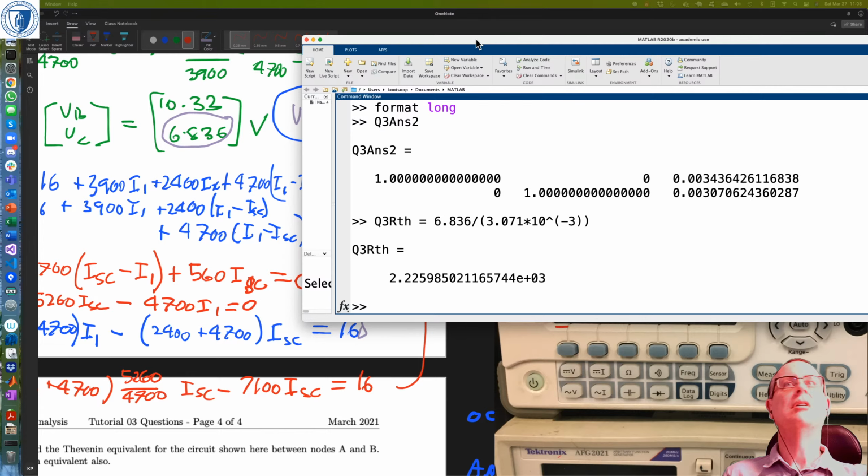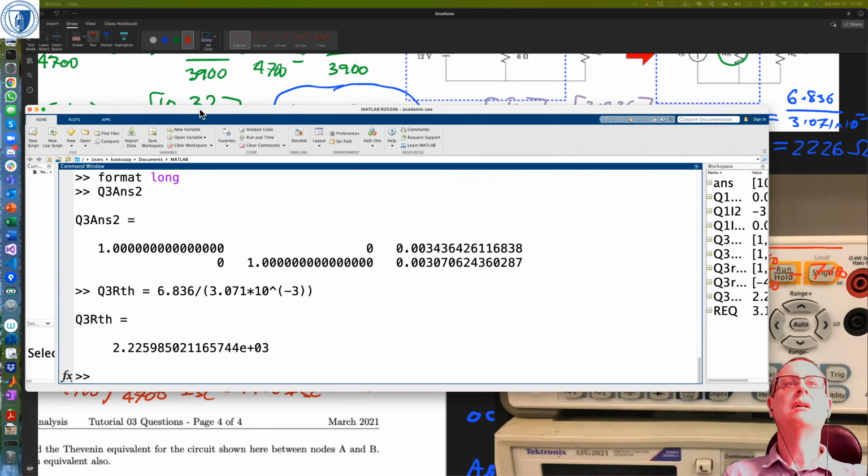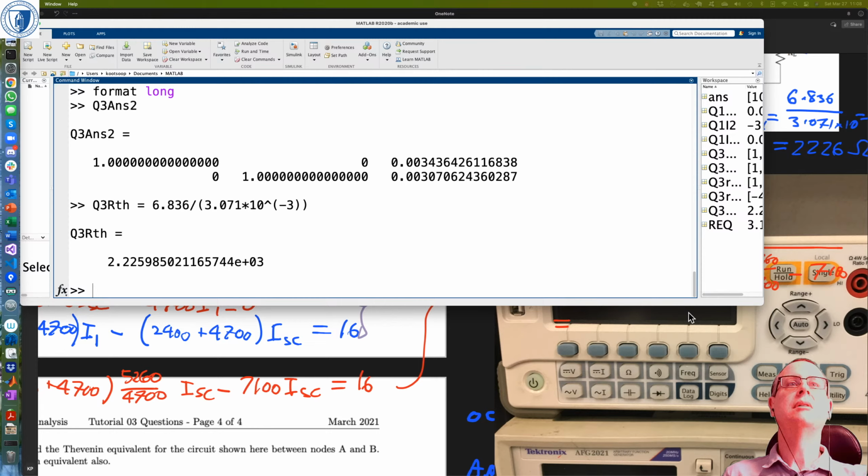I'm going to grab there, and I might need to make it a bit smaller.